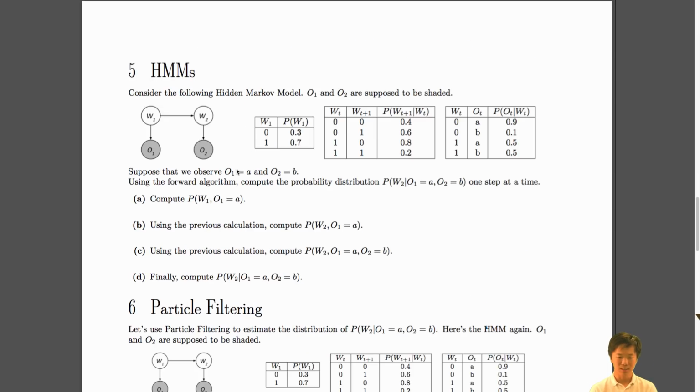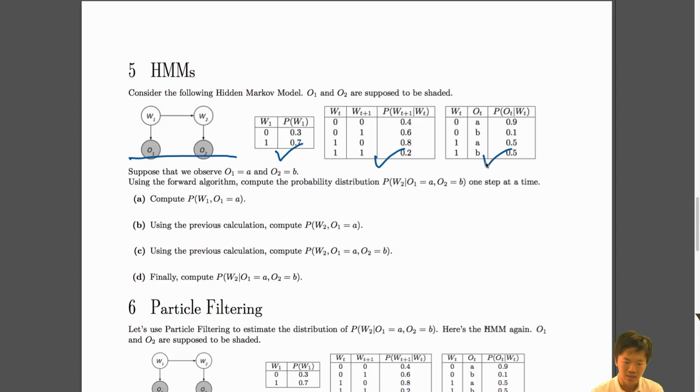So let's see how the concept is reflected in this particular problem. We have the same figure as above, and we have the three building blocks of HMM, which are the initial distribution, the transition model, and the observation model.